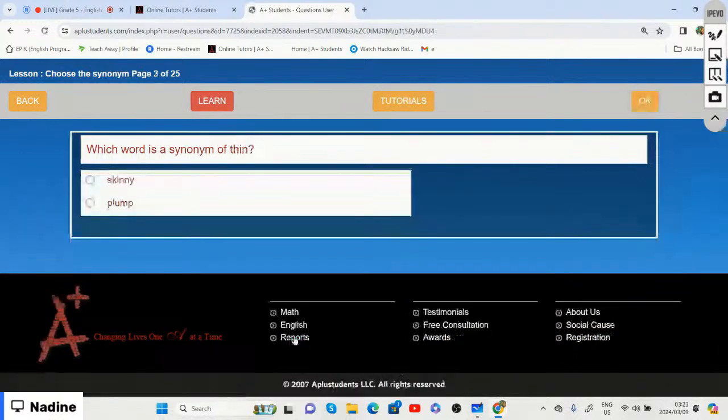The synonym of thin. If somebody is very thin, do we say that person is skinny or do we say that person is plump? Skinny or plump?